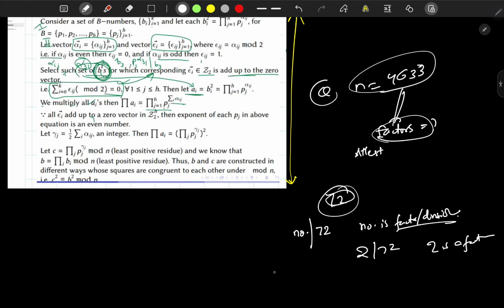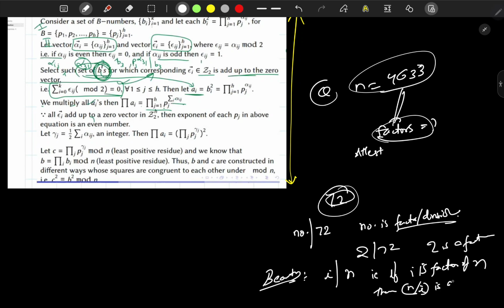One useful result is: if i divides n, that is, if i is a factor of n, then n by i is also a factor of n.